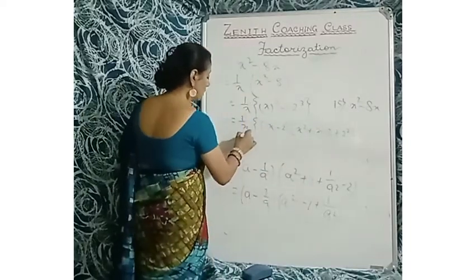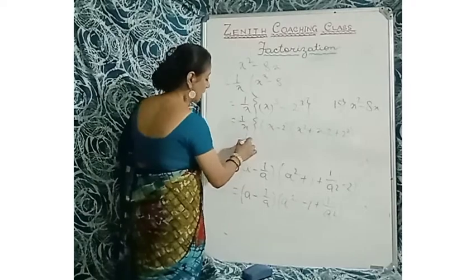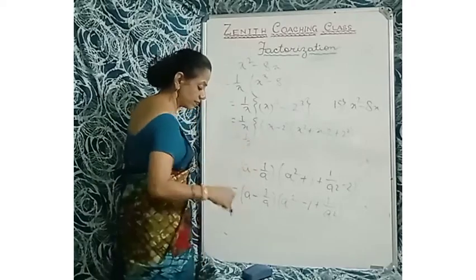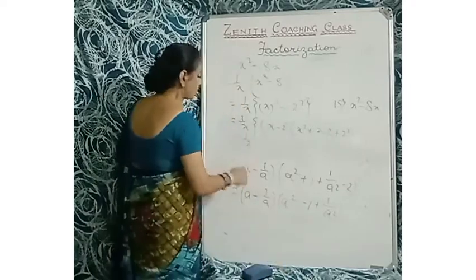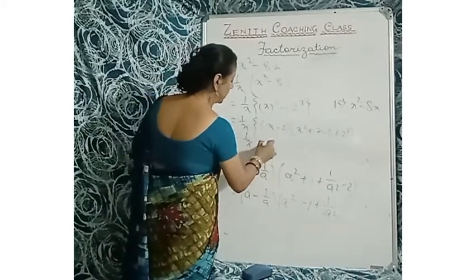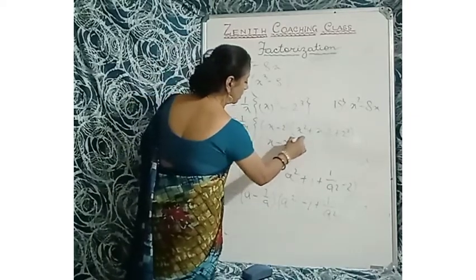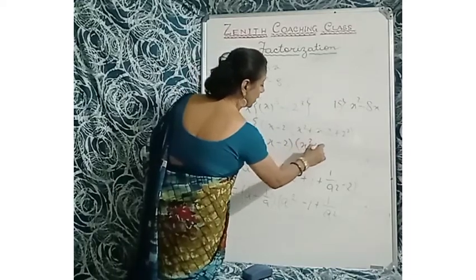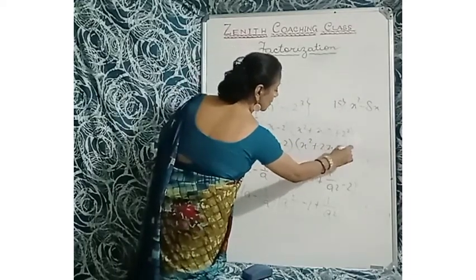Okay, so 1/x multiplied by x minus 2 multiplied by x square plus 2x plus 4.